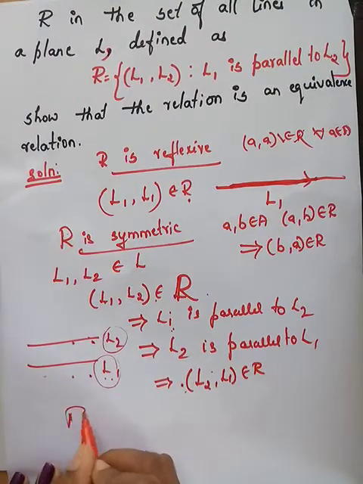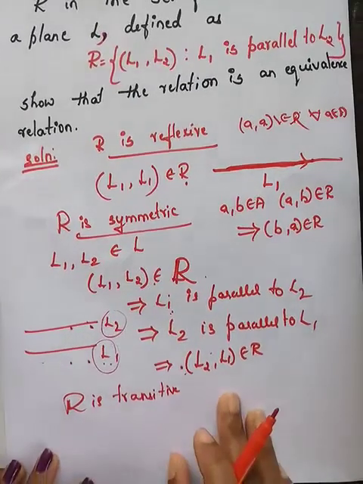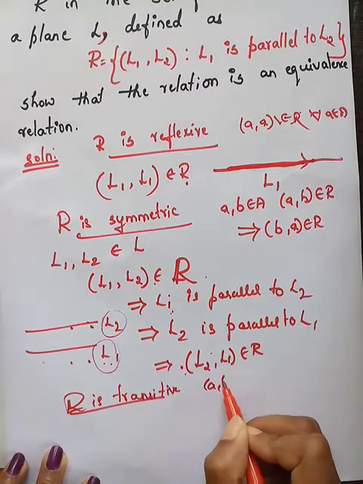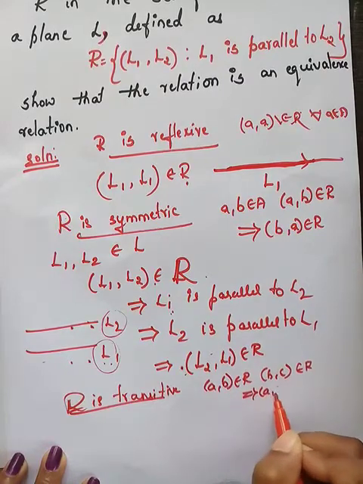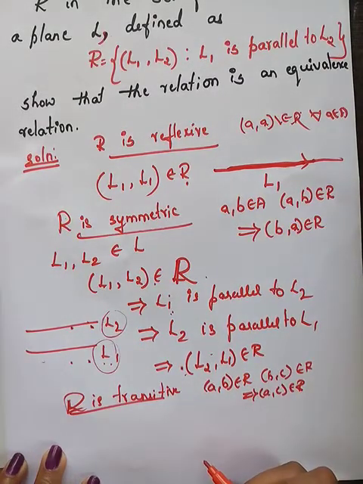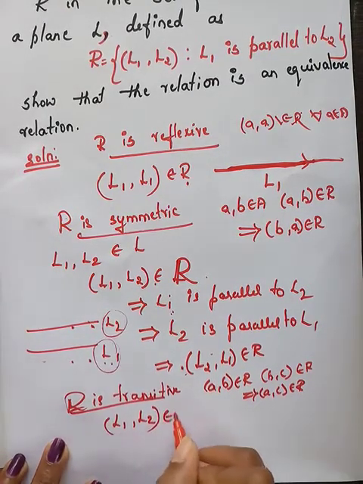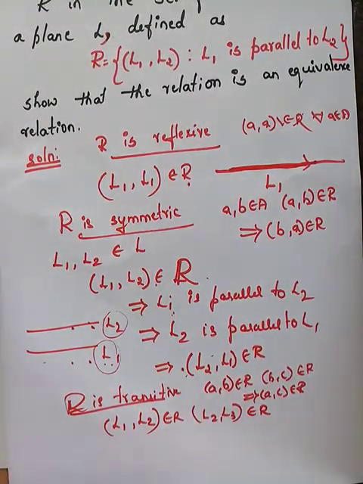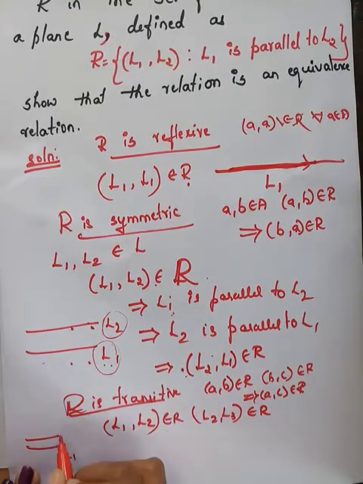Now R is transitive. What is the condition for transitivity? Suppose you have (a, b) in R and (b, c) in R, and if you can show that (a, c) also belongs to R, then the relation is transitive. So I'll take two ordered pairs, (L1, L2) in R and (L2, L3) in R. (L1, L2) in R means L1 is parallel to L2.